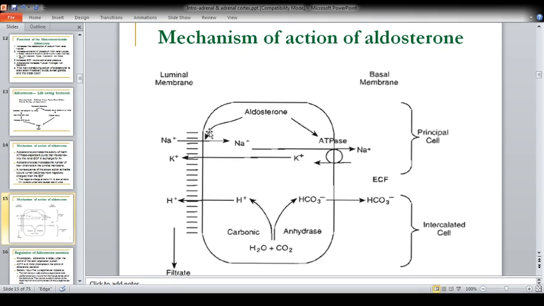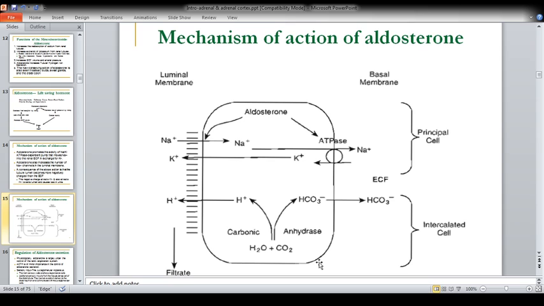Then it would act on sodium channels, which would help in transporting the sodium from the urine into the cell and then into the body, and it would also generate a negative charge out here in the urine, which would pull the potassium ion as well as the hydrogen ion outside into the urine. So it would make urine more acidic and the blood more alkaline.